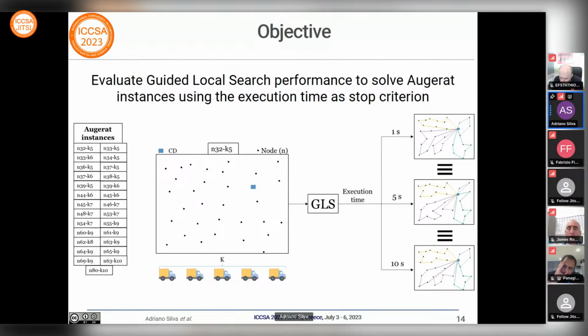For this purpose, we used the Augerat database to evaluate the algorithm with data that can easily be used by other authors in the future that want to benchmark their solution with the one presented here.